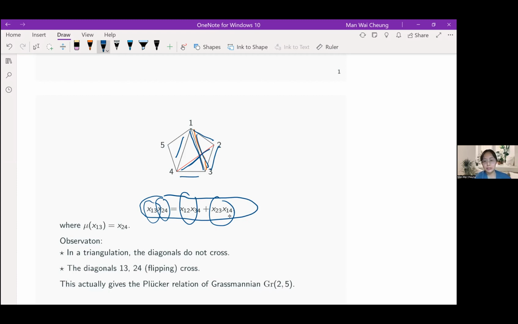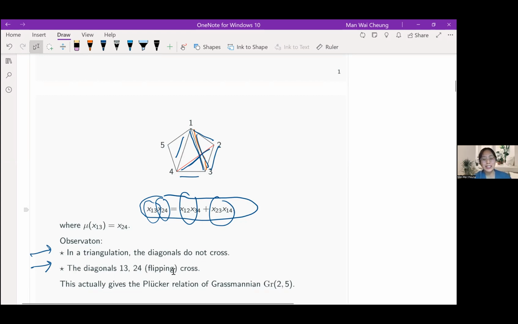Here we can see we obtain a cluster structure. As illustrated, in a triangulation all the diagonals do not cross, and when we flip, they cross, and that gives us the mutation.